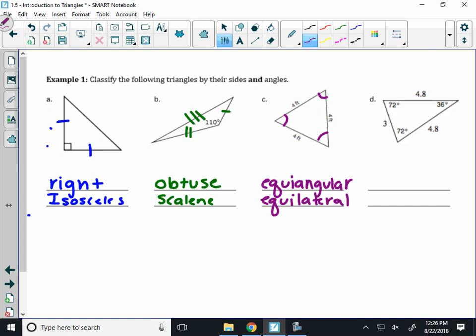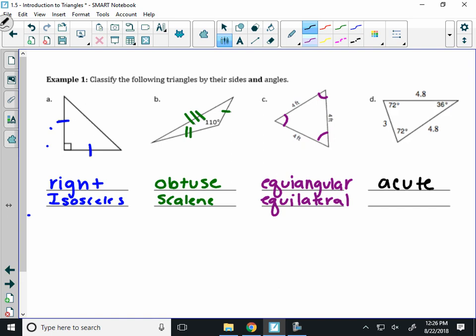Okay. What about D? How can we classify that based off all the angles? What do you know about all three of them? Carter? They're all acute. Very good. So we would call this an acute triangle. They're all less than 90. Okay? And they're not all the same. You got that one guy that's different. Okay? What do we notice about the sides?